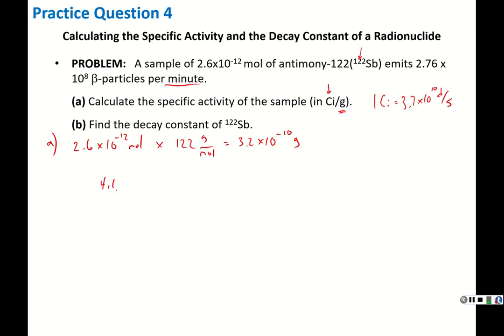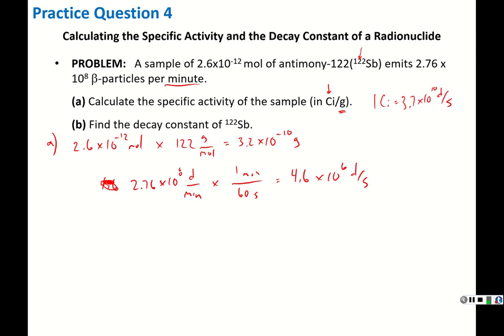So 2.76 times 10 to the 8th disintegrations per minute. Multiply that by 1 minute over 60 seconds, so we're dividing by 60. And what we get is 4.6 times 10 to the 6 disintegrations per second.